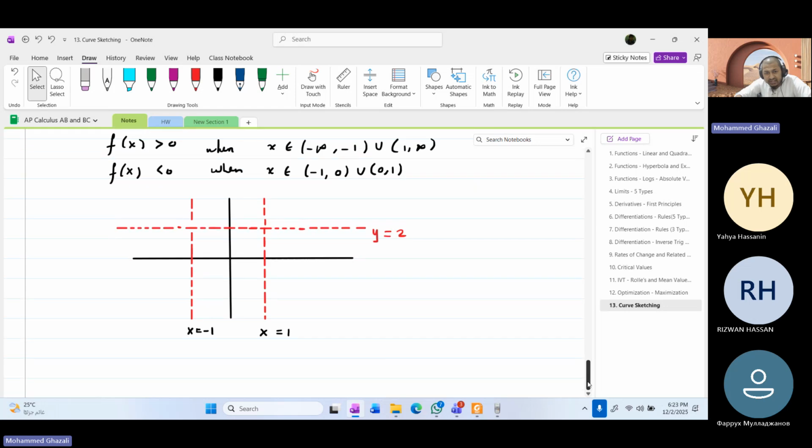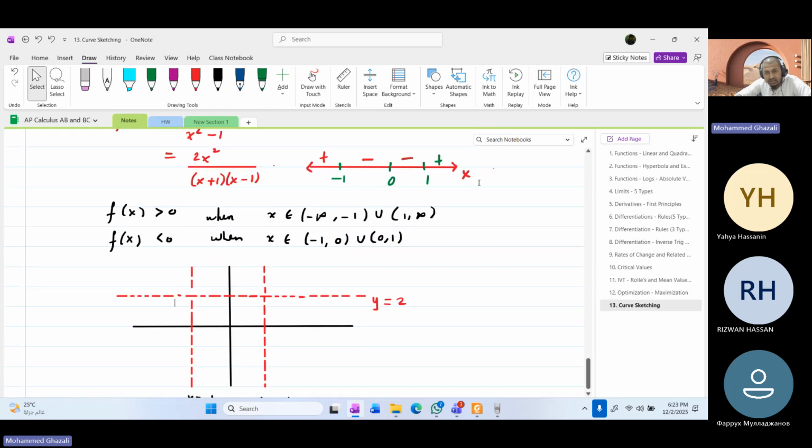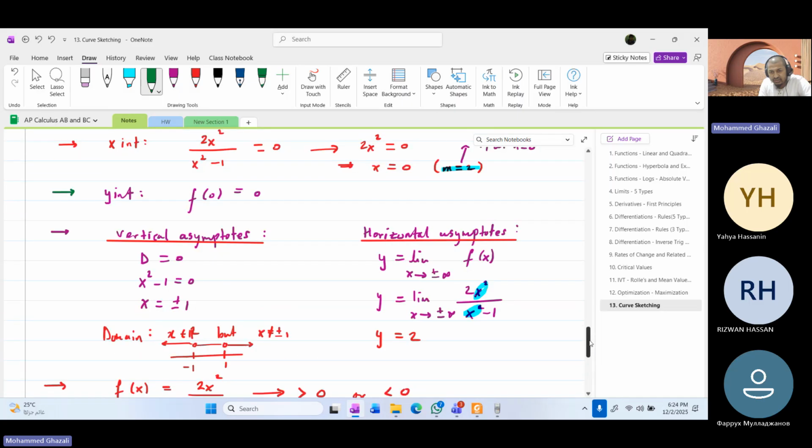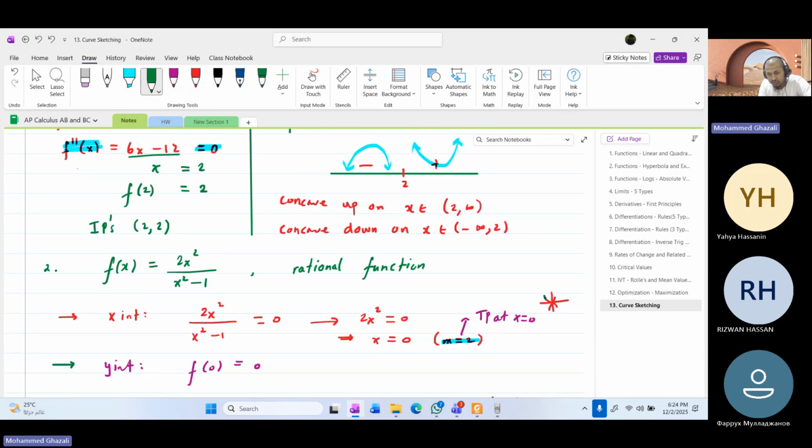Now see what's happening after 1, which is positive. So we know 1 is here, and -1 is here. By the way, remember we had a turning point at 0, 0. I said the graph can either go up or go down.